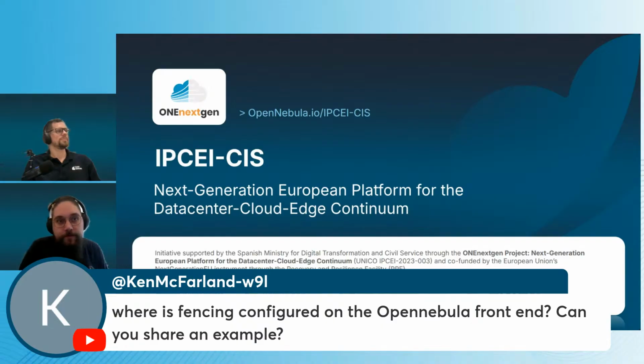Okay, so the fencing is configured in the front end, indeed. What the cloud administrator should do is ensure that the front end can reach the IPMI interface of the servers. So this is part of the infrastructure configuration, right?